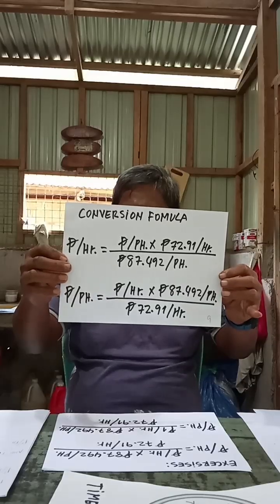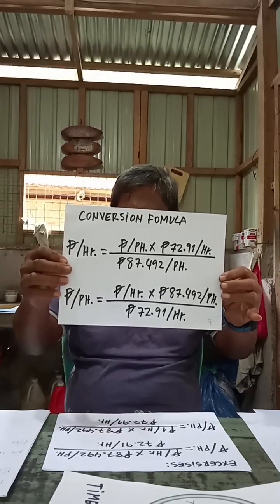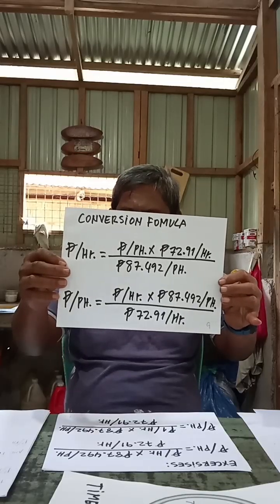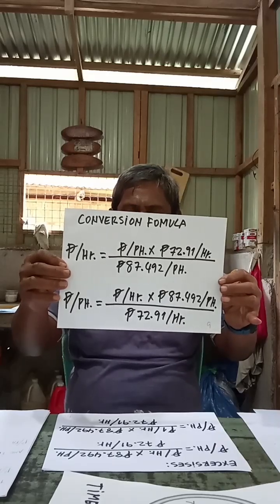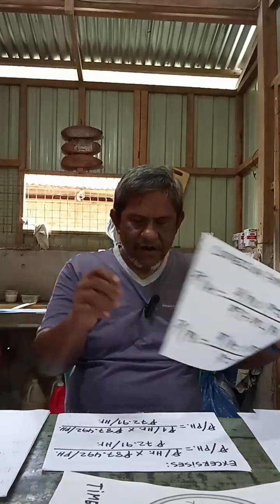And to find piso per peri hour is piso per hour times 87.492 pesos per peri hour over 72.91 pesos per hour. So, let's proceed to the exercises.